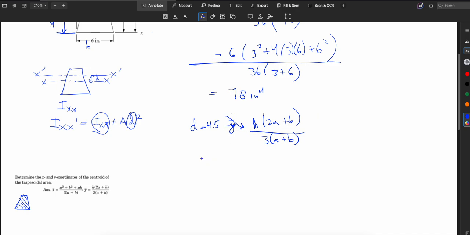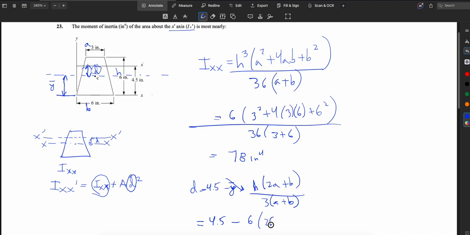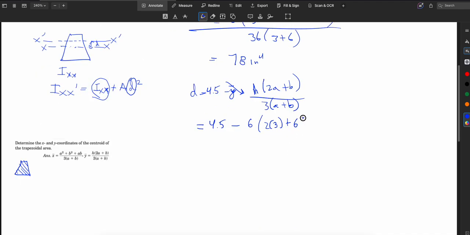Okay, so we got 4.5 minus, we have h, which is 6, times 2 times 3 plus b, which is 6, divided by 3 times 3 plus 6.